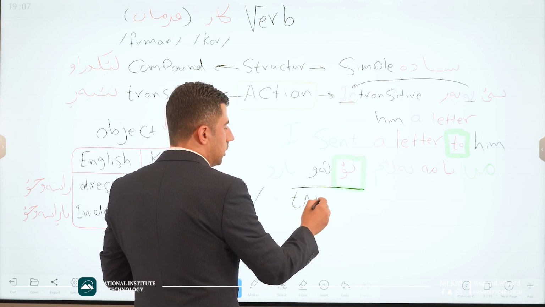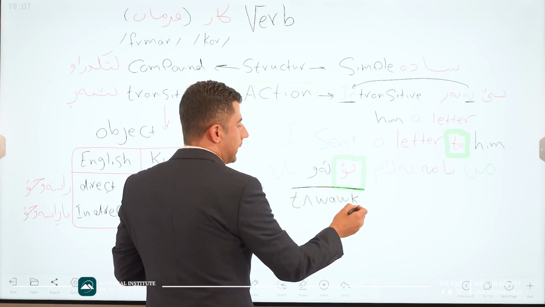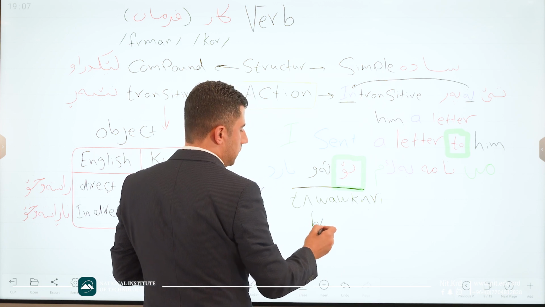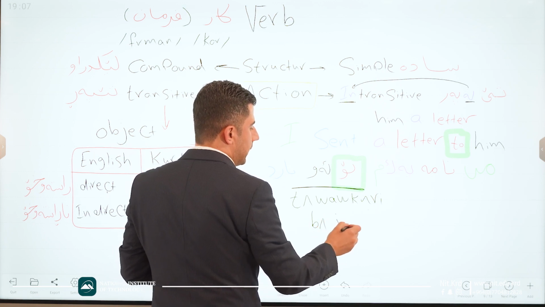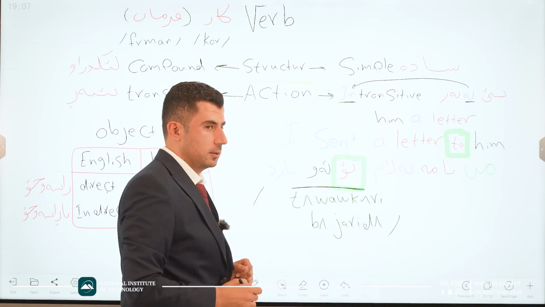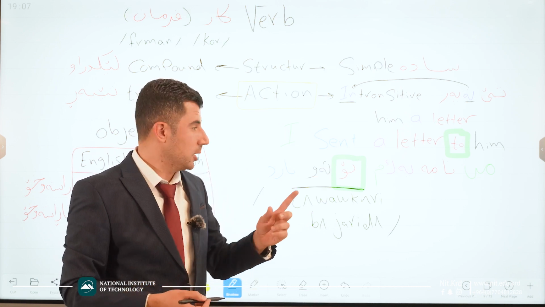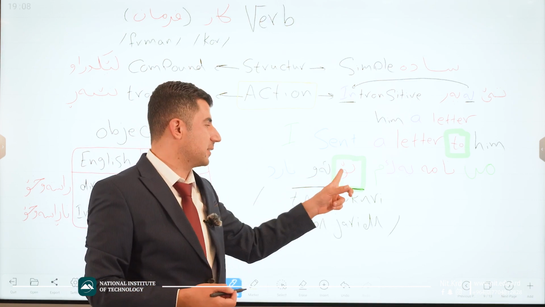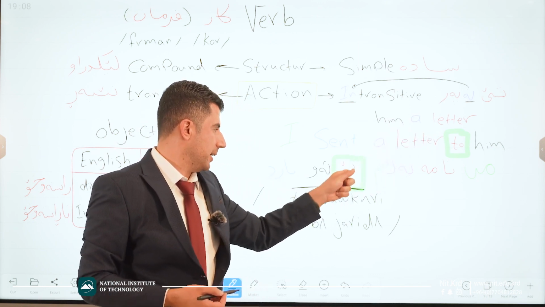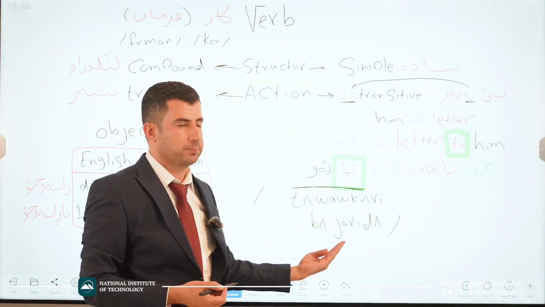Ta, wow, tawaw, ka, ri, ba, ya, ri, da. Good. The second object in Kurdish, because it comes after bo, which is to in English, if we have anything after that, it becomes tawkari barida.